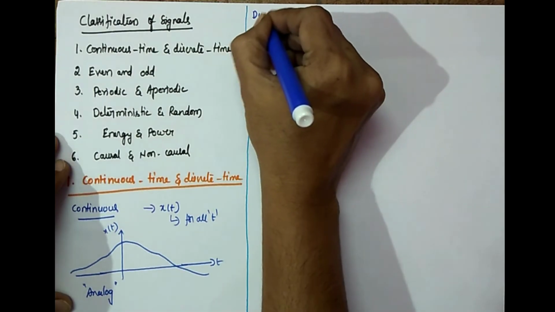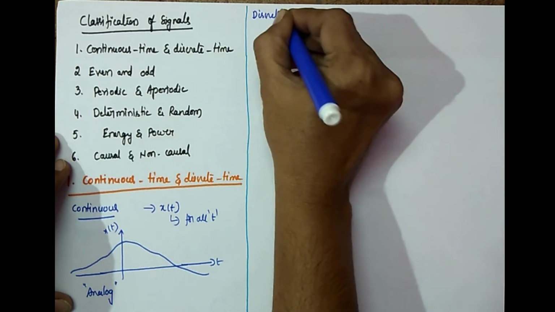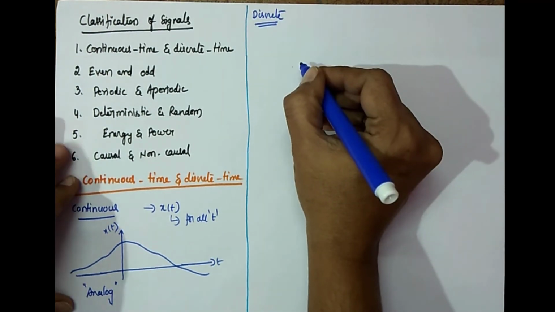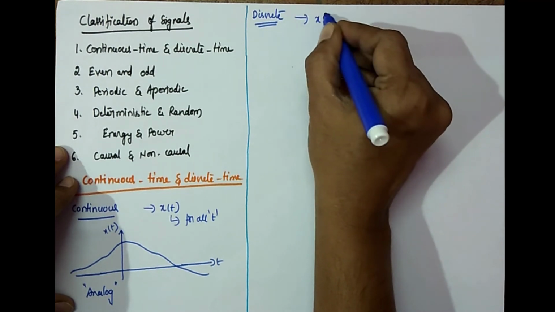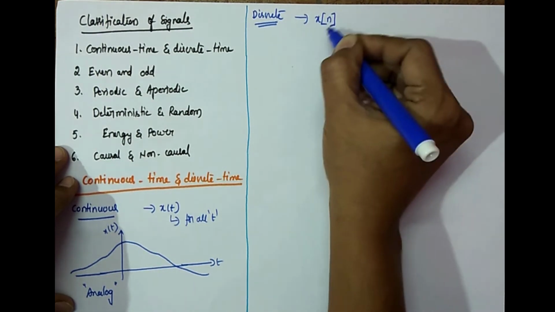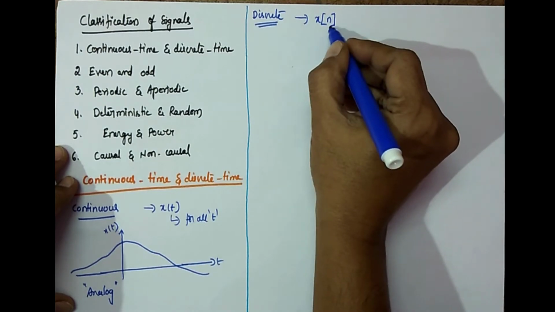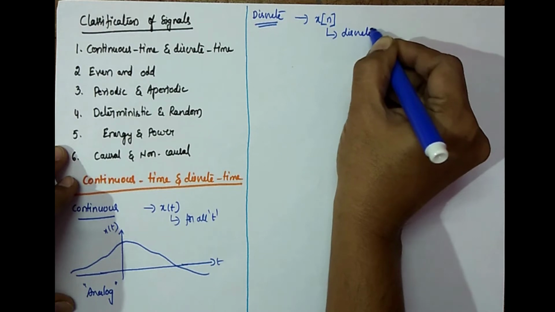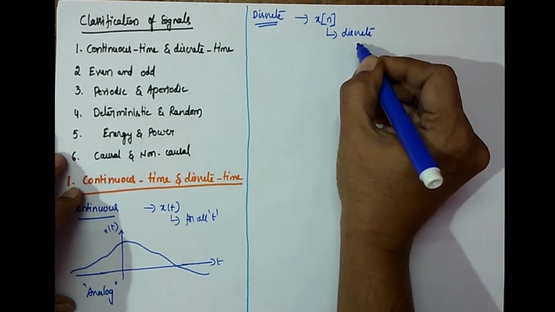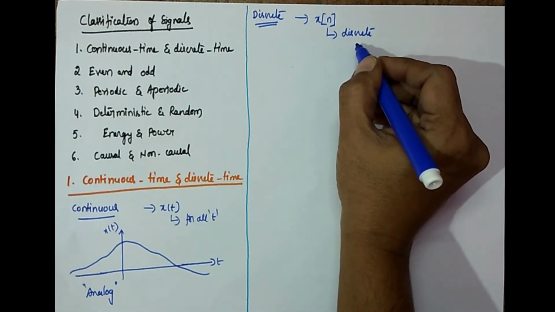Coming to discrete. The discrete signal is represented by x of n, where n is discrete. Discrete means it has value at specific intervals.